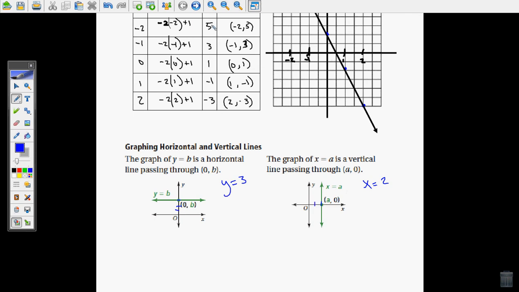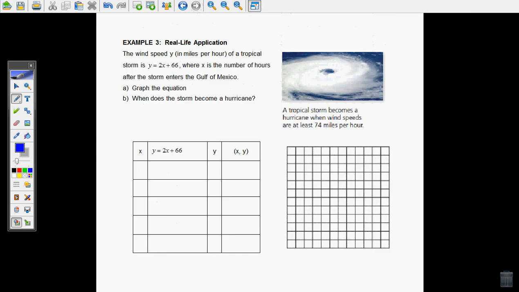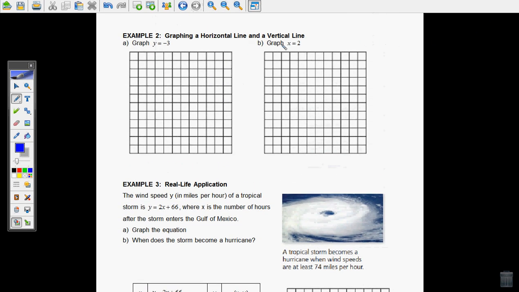Okay, so now let's take a look at how that works out. Let's say, oh geez, I almost did the exact examples. Let's say I'm going to make my coordinate plane, and I have y equals -3. The fact that it says y means that it's definitely going to be a horizontal line. Now it's just a matter of where that horizontal line goes.